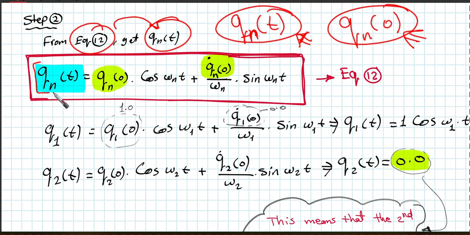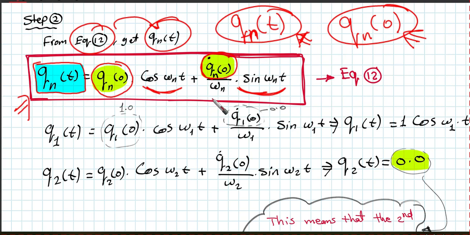So in this case we are going to have Qn of t equal to, as we explained in the previous lecture, two terms: one term containing Qn node and the other term containing Q dot n node, and the remaining part is related to the sinusoidal function with omega n, which is the natural circular frequency of the mode shape itself.